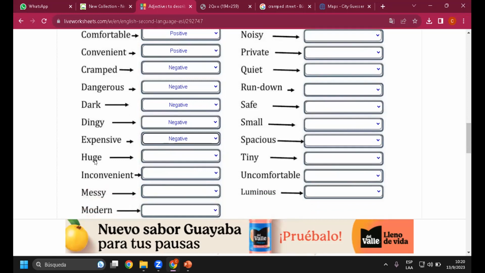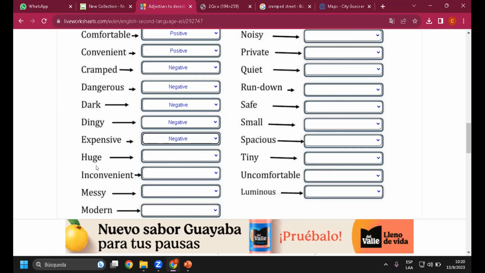What is the meaning for huge? Like big. Exactly. Huge is like more than big. Okay? So I can say, for example, Honduras is big, but Russia is huge.